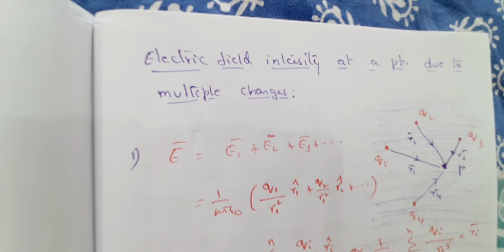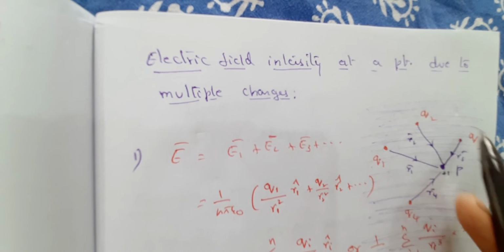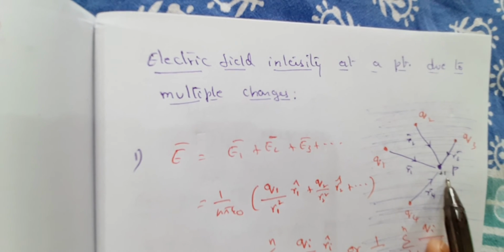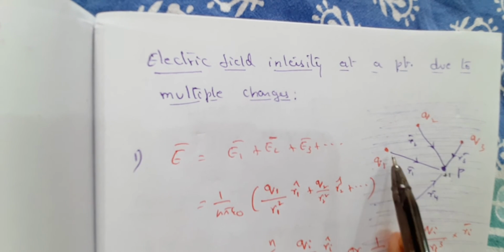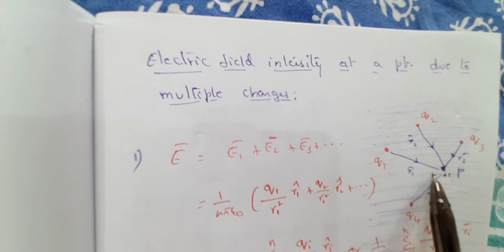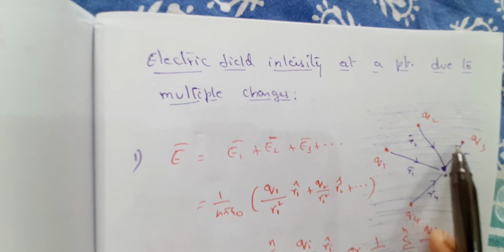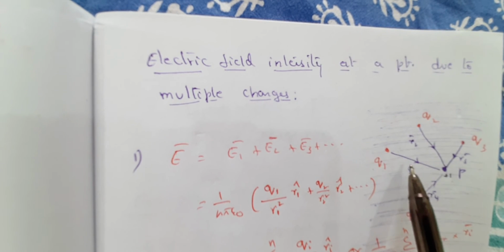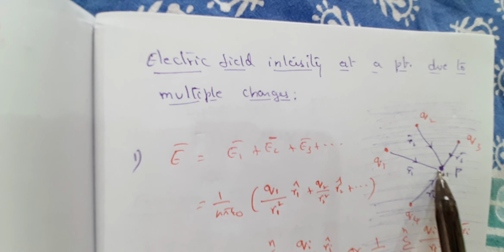And at the point, what you have to imagine? Yes, unit positive charge. So suppose at this particular point, I am imagining a unit positive charge, and I have multiple charges surrounding it: Q1, Q2, Q3, Q4, where the vector distances are R1 bar, R2 bar, R3 bar, R4 bar. These are the vectors representing the distance between these two.